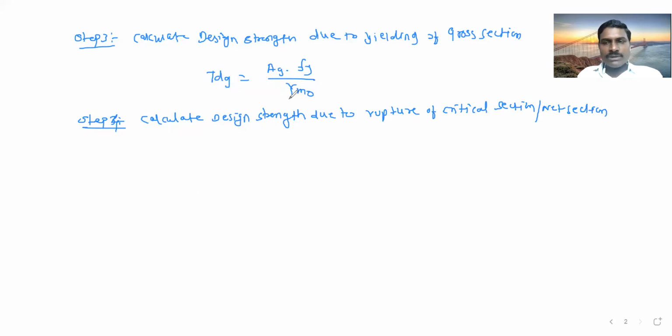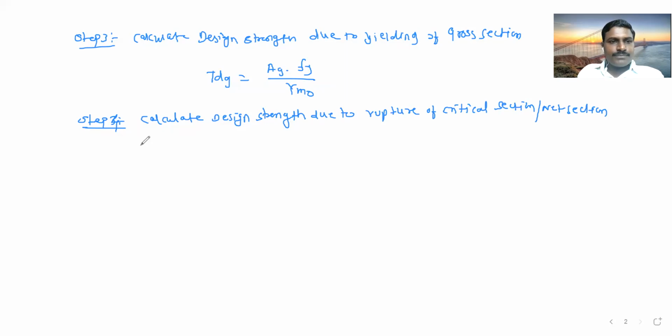As we have discussed these three design strengths in detail, I'm writing just the formulas here, not any notations or meanings of these particular notations, because we have seen them in detail. Then design strength due to rupture of critical section.